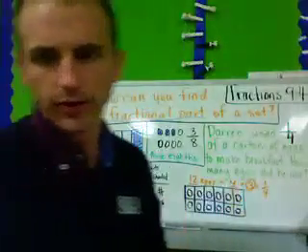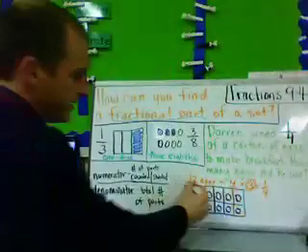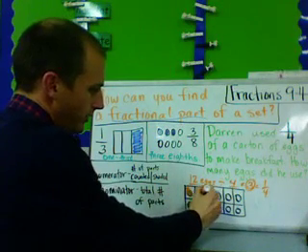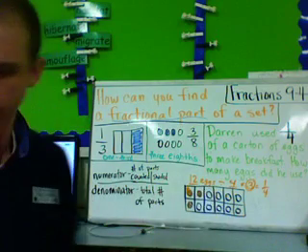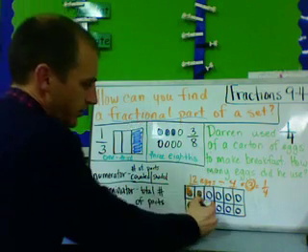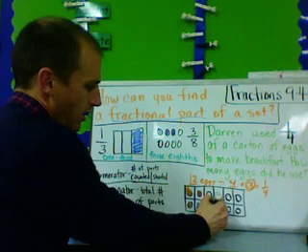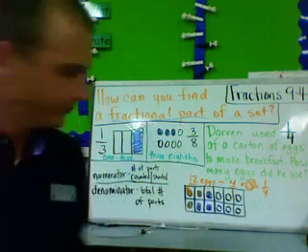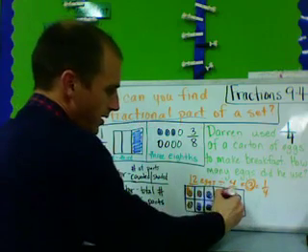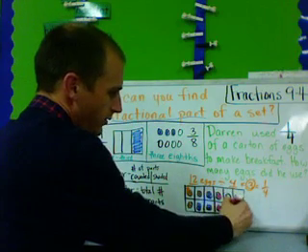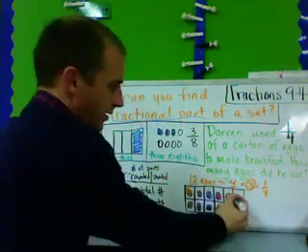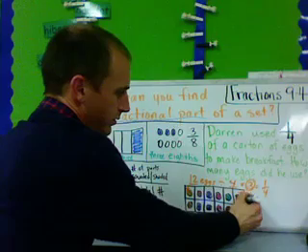Let me show you. Let me see if I can color it in, see if you can see it. Let's say I were to shade in 3 eggs in one color. Let's do some purple. 1, 2, 3. And let's do some green. 1, 2, 3.